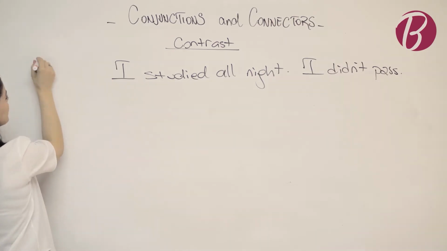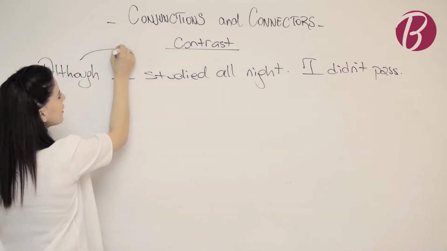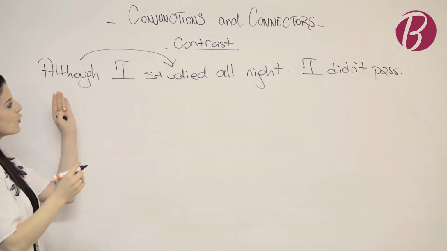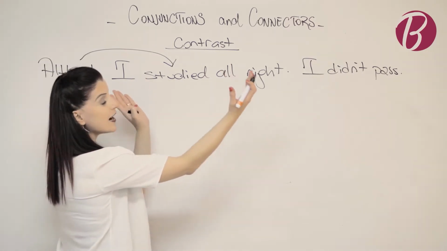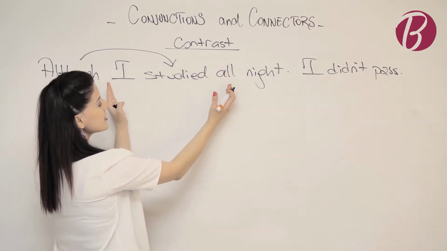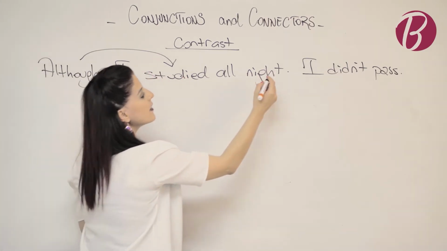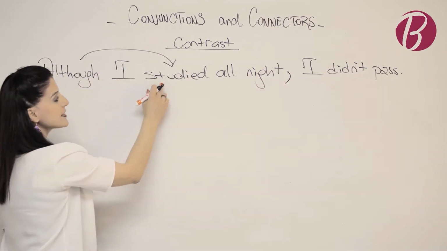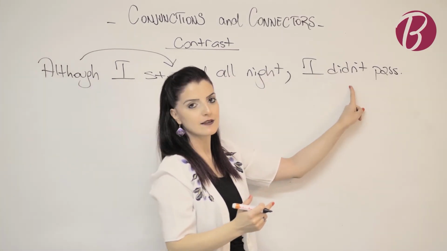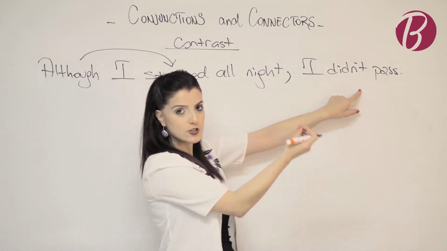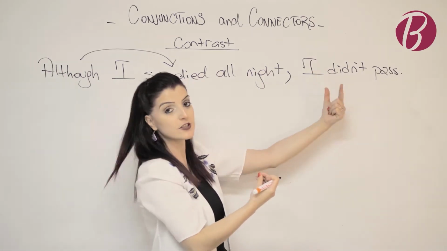So if you put here although in the beginning of the sentence, you say totally different ideas. This is the situation. I studied. Although I studied, you see here an opposite situation, opposite idea, opposite opinion, opposite condition.